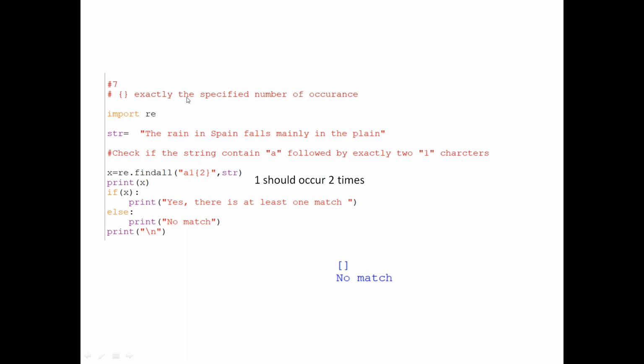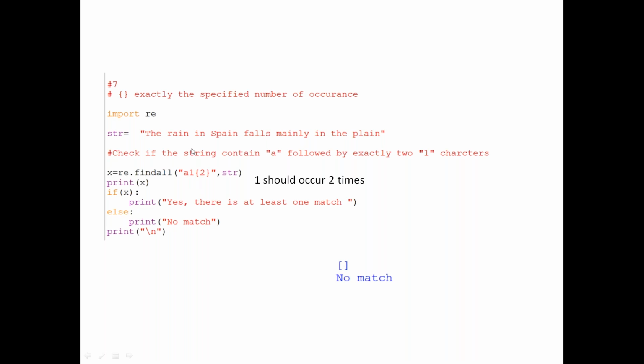Now there is another example. I want to know about an exactly specified number of occurrences. The rain in Spain falls mainly in the plain. Check whether the string contains a followed by exactly two 1 characters, so that means a11 I want to find out.